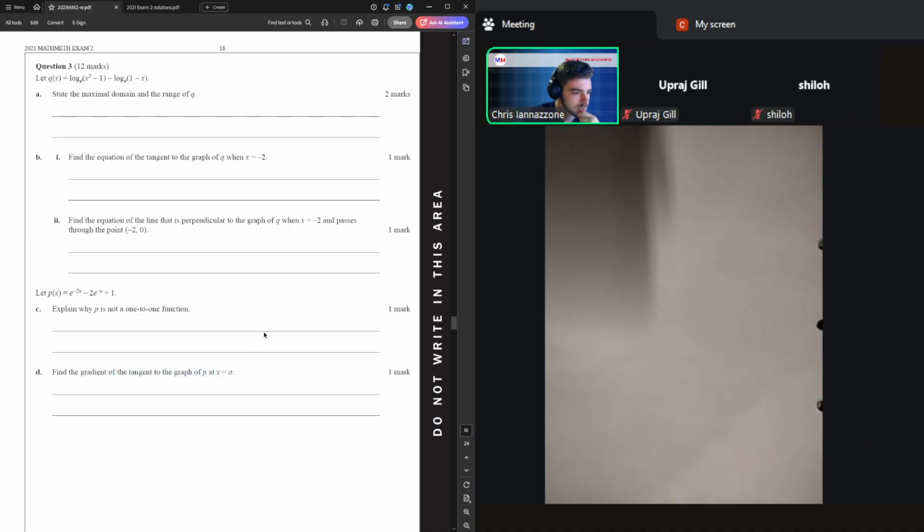Gradient of tangent. That is a keyword that shows up, or I guess a key phrase that shows up a lot in the textbook.